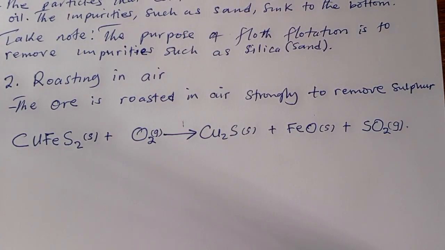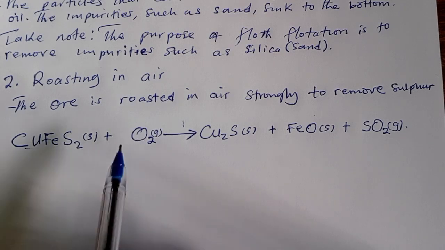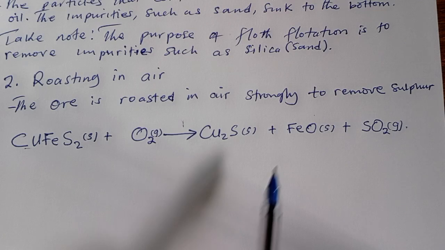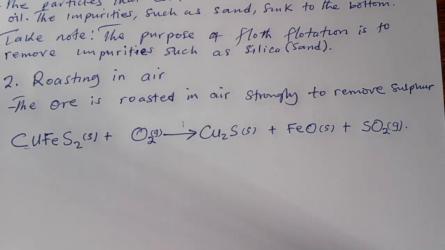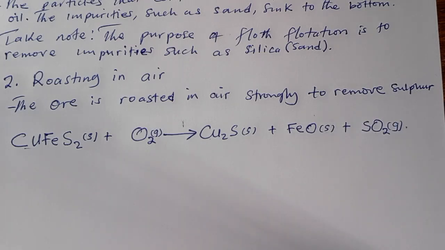So this is the second process, where the ore of copper is strongly roasted in air to give us copper 1 sulfide plus iron 2 oxide plus sulfur dioxide. The purpose of this reaction is simply to remove sulfur from the ore.